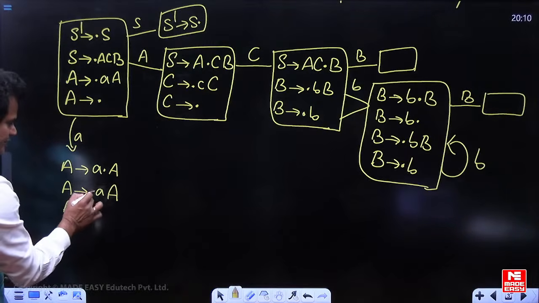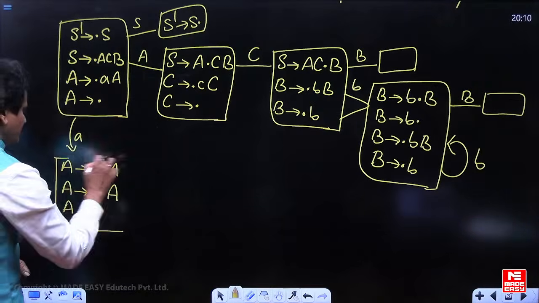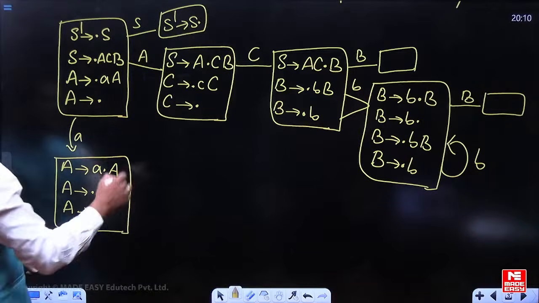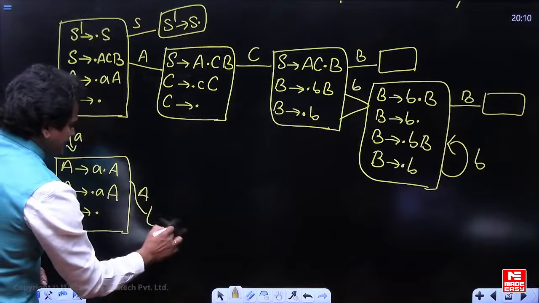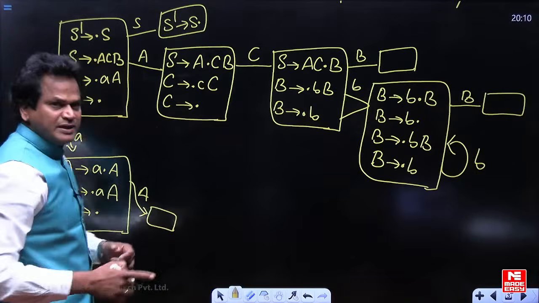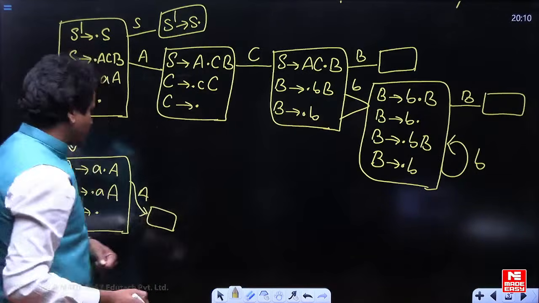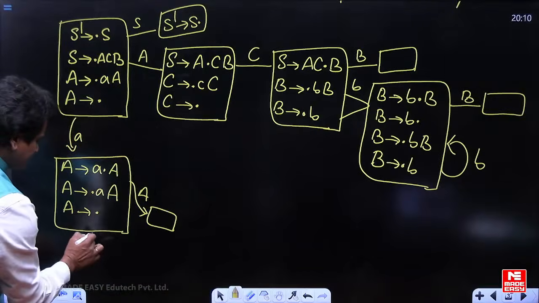So here a final item and a shift symbol terminal, again a shift reduce conflict. Now on capital A it is a single item, and a state having a single item never gives a conflict. On small a we get the same.